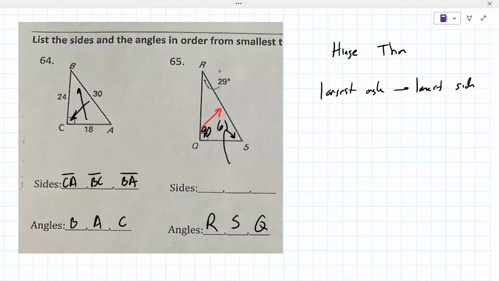Wait, 90. Yeah. What's across? So R, yeah, you just said it's RS. And then QS is the smallest. Yep. And so RQ is the one in the middle.